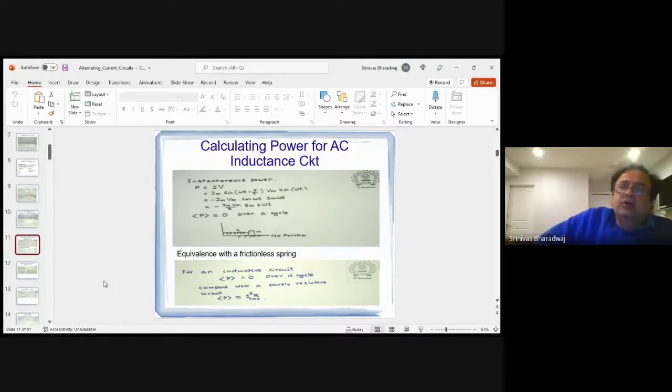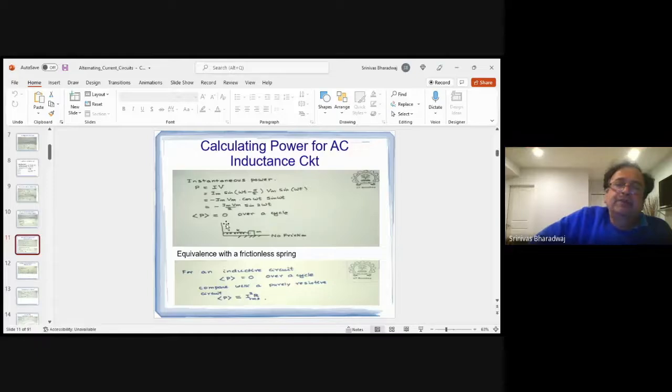Okay, now what can be said about the instantaneous power that is taken up by an inductive circuit? It is always zero. Okay, so the inductive power is always zero.